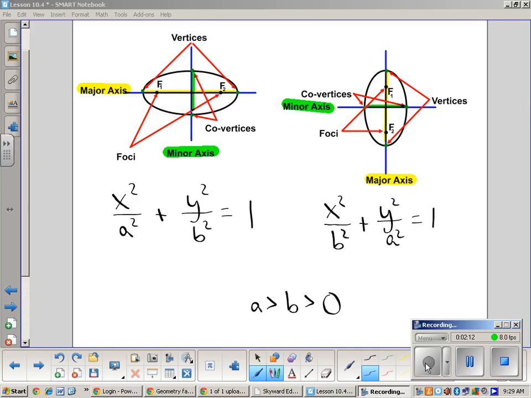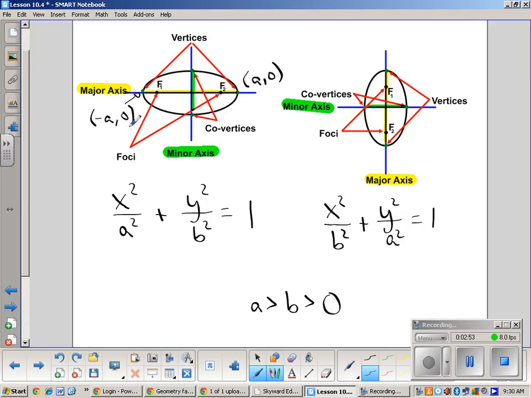Just to make sure you can understand what the diagrams are trying to say, the major axis is color-coded. It connects the vertices. So the major axis is that segment that connects the two vertices together. The minor axis, green here, is the segment that connects the two co-vertices together. It's important to understand that this vertex is the point A,0, and this point here is the point opposite of A,0.